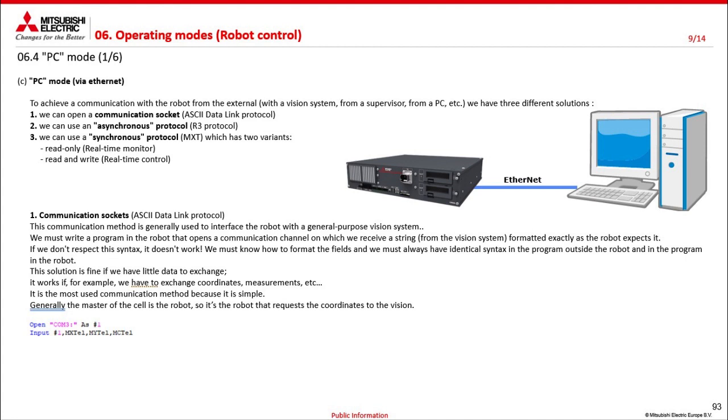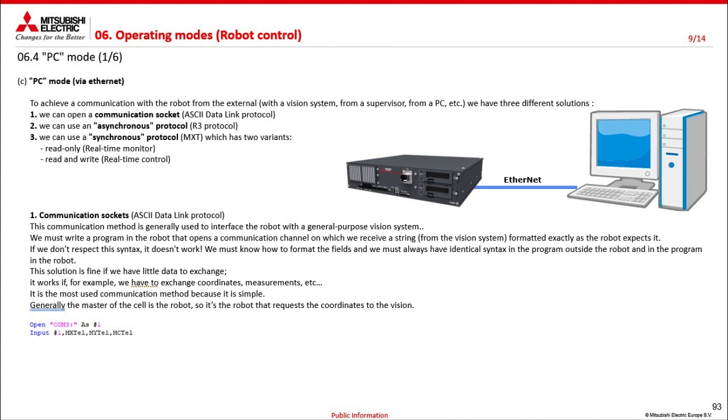Typically, this happens with a vision system. So I will receive a series of information such as good piece or not good, the XYZ coordinates of the piece, rather than the color of the piece.